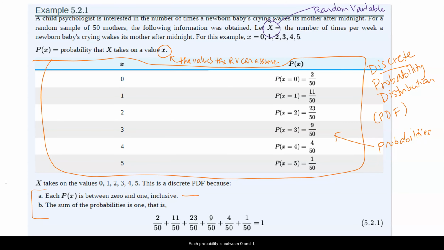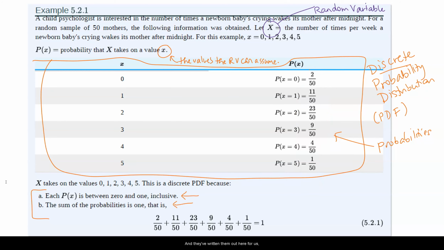Each probability is between 0 and 1, inclusive, meaning we could have a probability of 0, and we could have a probability of 1, but every probability listed over here on the right has to be a number between 0 and 1. And then the second property is that the sum of the probabilities must equal 1.